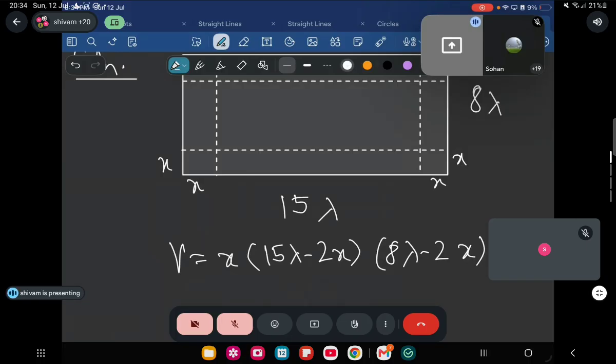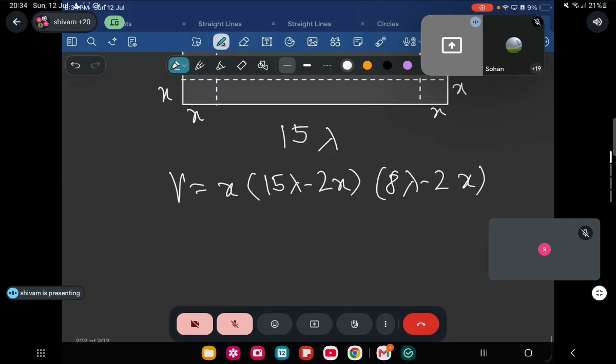Now try to understand. Lambda is fixed, the ratio is fixed. You cannot change lambda. Write it down: x is the variable.